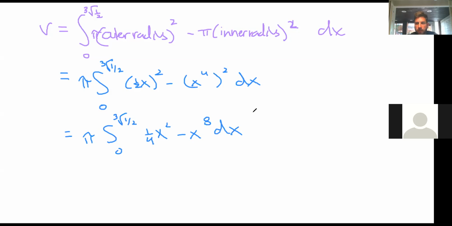Does anybody have a question up to this point? Okay, so to finish this problem, we just have to know how to integrate.